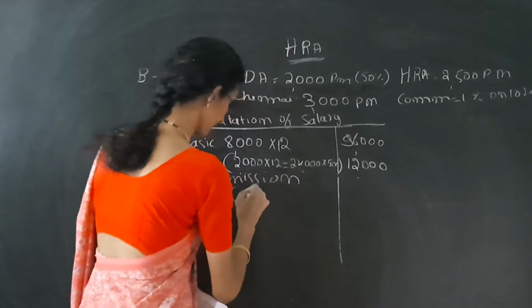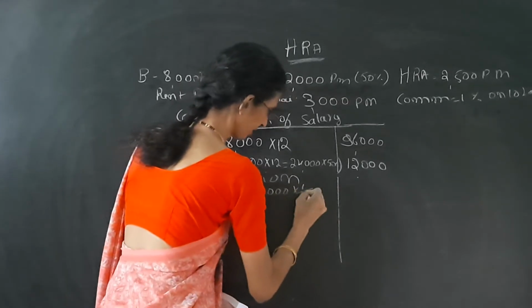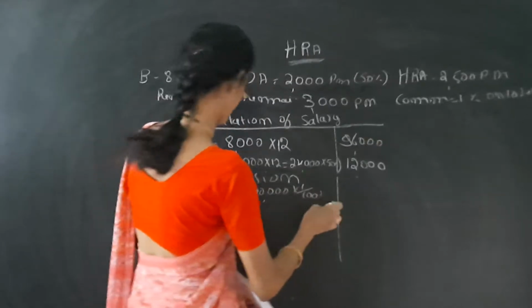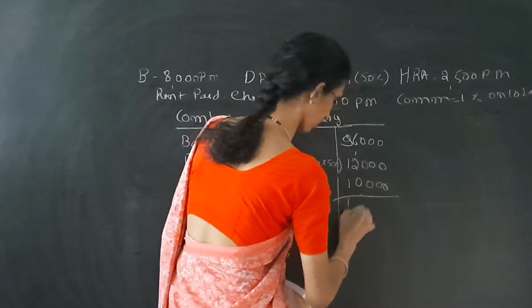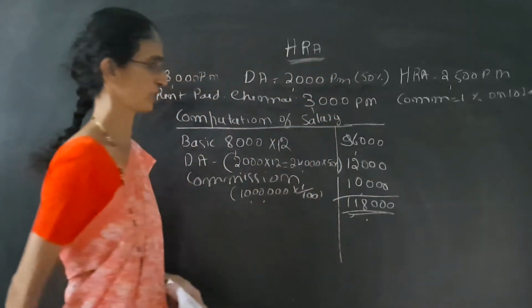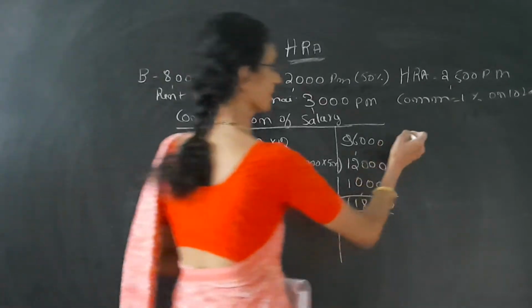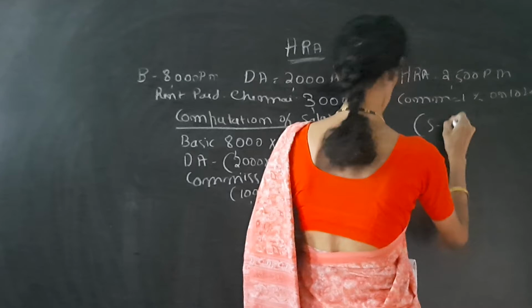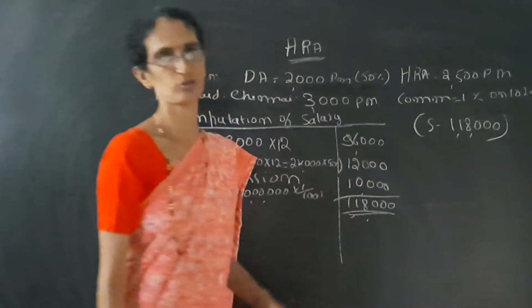Commission is 10 lakh into 1%, that means 10,000. So the total will be 1,18,000. So we can write here, as per our calculation, salary is 1,18,000.